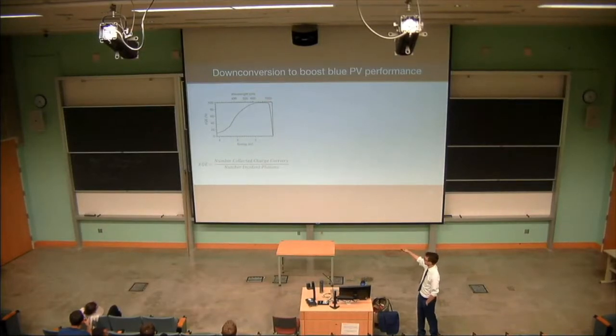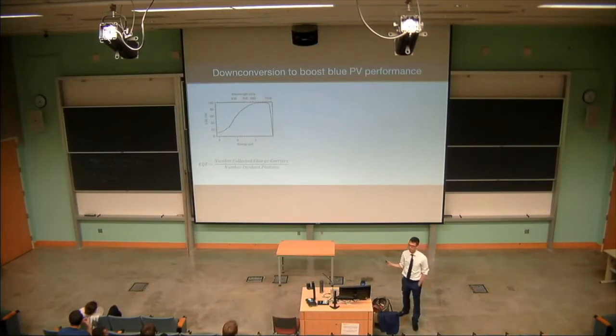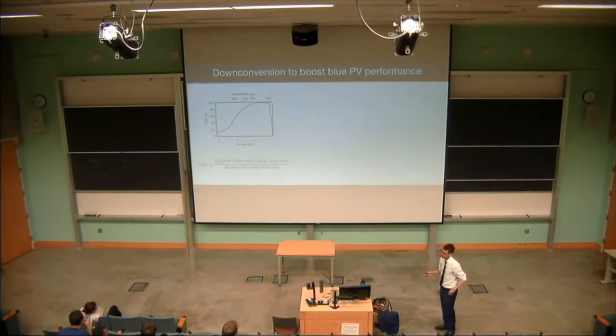And this external quantum efficiency is really the ratio of the collected charge carriers relative to the number of incident photons on the sample. If you look at high energy emission, it turns out this is actually very efficiently absorbed by the silicon. In fact, it's so efficiently absorbed that it absorbs right at the top of the silicon where there are a lot of defects, and it can easily recombine and be lost as inefficient energy.